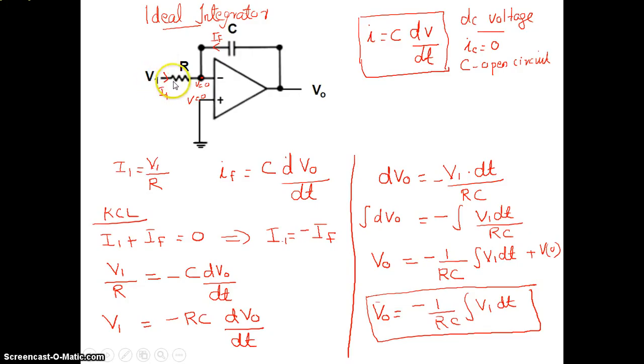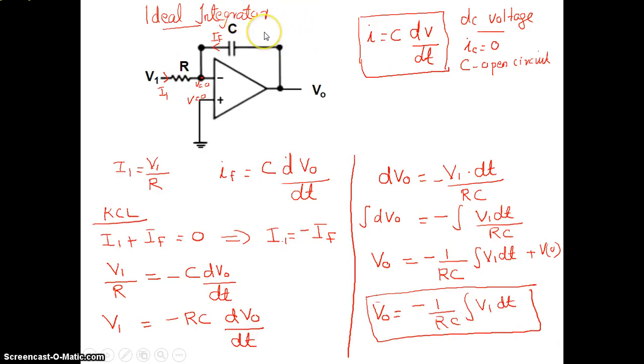That may not be possible when you are doing it practically. At such a low frequency you should not get a very high output because of this high gain. So for limiting the gain at low frequency, we will be putting a resistor in parallel to this ideal integrator.